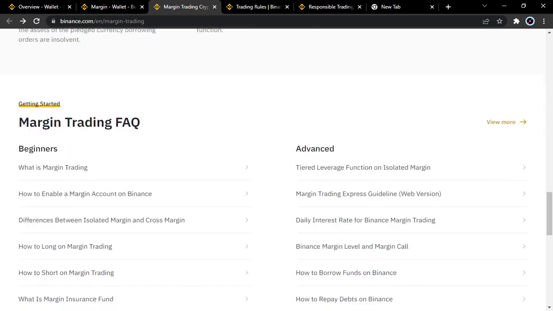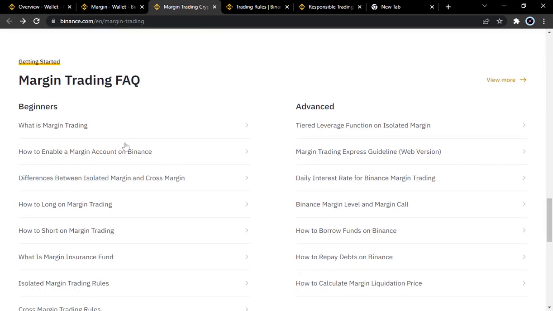On the Binance platform, to get started, you can check out some of the basic articles that talk about what is Binance margin trading, how to enable a margin trading account, differences between isolated margin and cross margin, how to borrow funds, how to repay debts, and some of the basic requirements of the Binance margin trading.